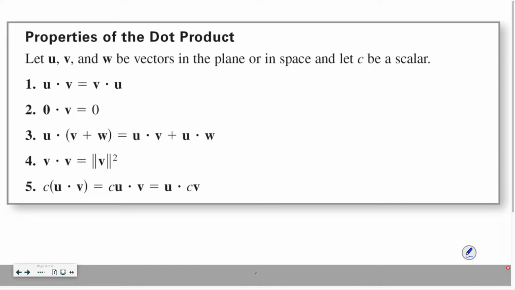So I'm going to show you a formula that involves the dot product where we can take two vectors and figure out what the angle in between two vectors would be. So we know how to find angles, like the direction angle of any vector. But what if we have two vectors? How do we find the angle in between two vectors?